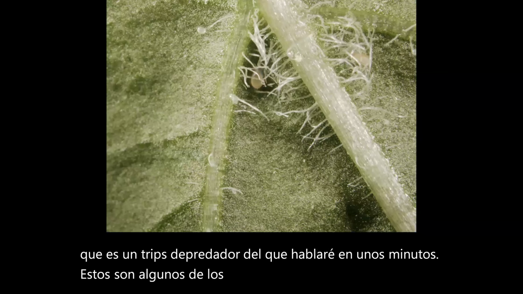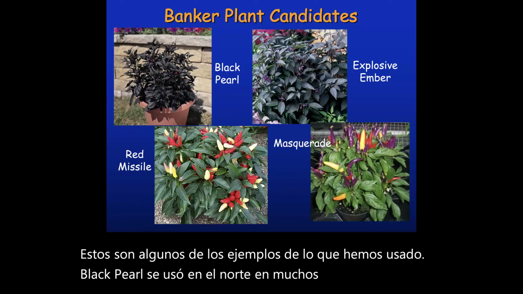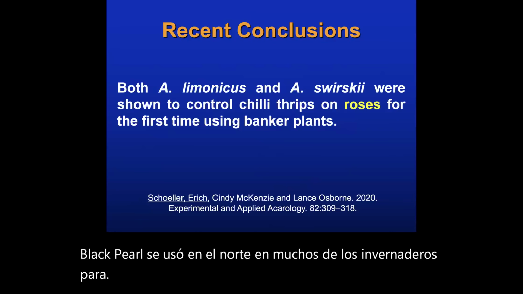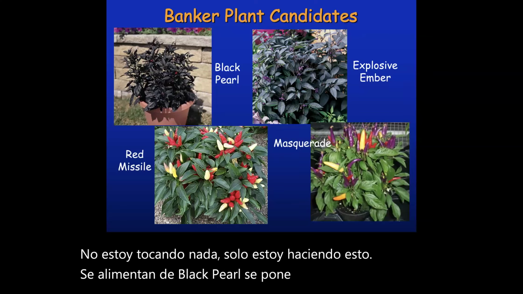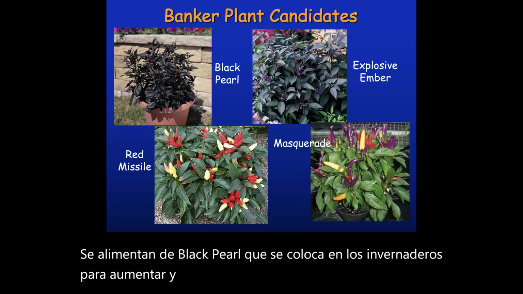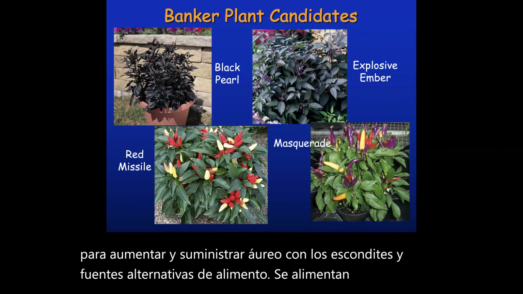Black pearl was used up north in many of the greenhouses. It is put in the greenhouses to augment and supply aureus with hiding places and alternate food sources. They feed on the pollen as well.